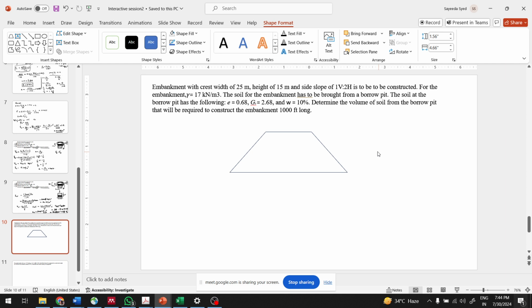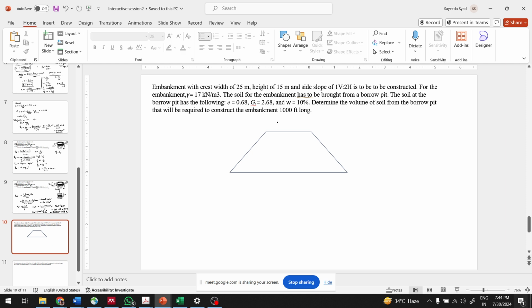Okay, so this is the embankment. The crest width is 25 meters. The height is 15 meters. And the slope is one vertical to two horizontal.